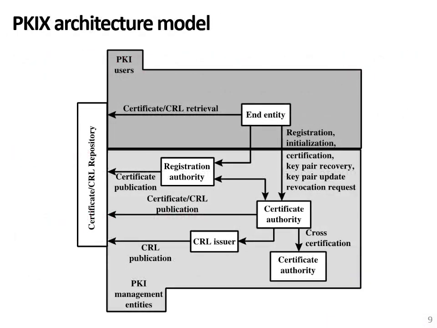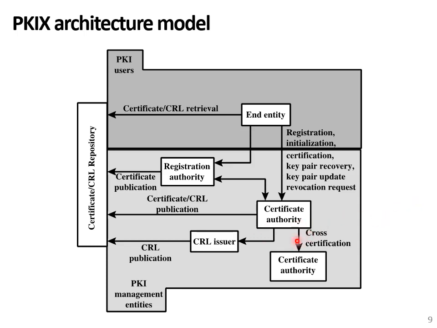And here you see an overview of the public key infrastructure X.509 or PKIX architectural model with communication between all involved entities. And the entities can be split into two main types. First are the management entities, second are the users. The main management entity is obviously the certificate authority. This certificate authority, however, communicates with some other entities involved in public key management.